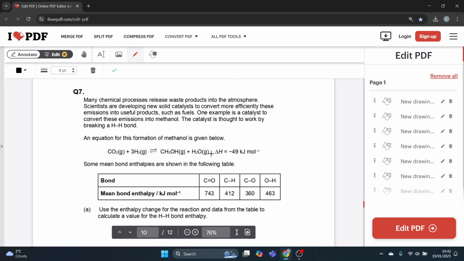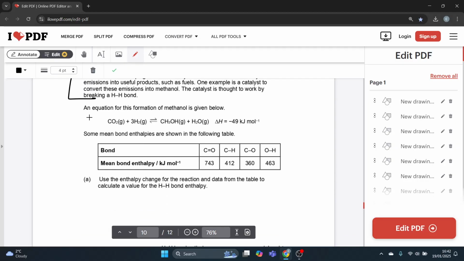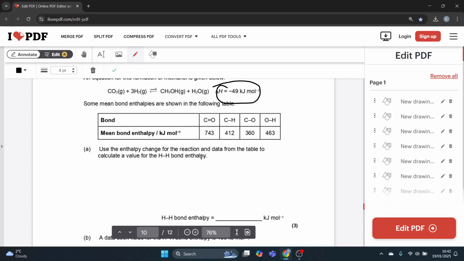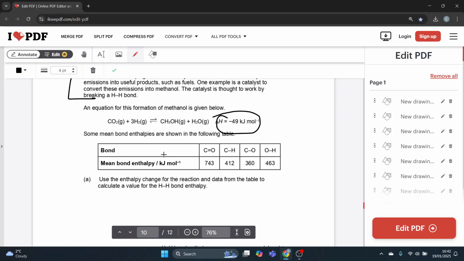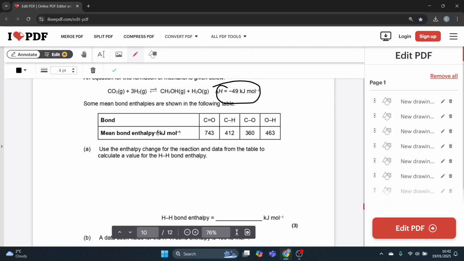Question 7. Lot of information. I don't think any of that's relevant. It says use the enthalpy change for the reaction and data from the table to calculate a value for the H-H bond enthalpy. So mean bond enthalpy: energy required to break bonds minus energy released when new bonds are formed.